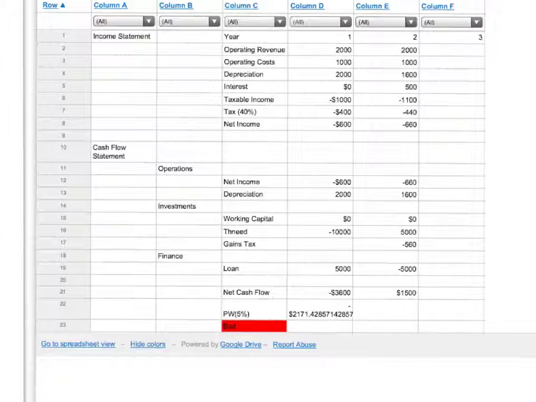And the reason is that we're going to be selling this asset for $5,000, and that is going to be a little below the book value of the asset. So what you need to do in order to find out the book value is you take the original purchase price, which is $10,000, and if you subtract off $2,000 and you subtract off the $1,600, then what you end up with is the book value. Well, you sold it for $5,000.